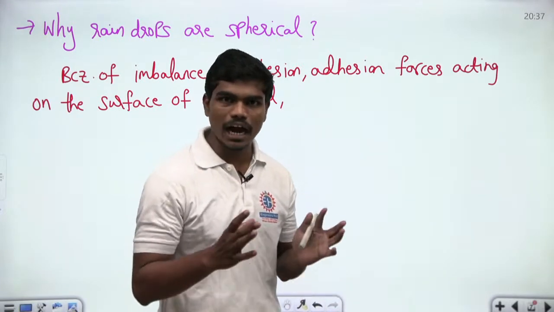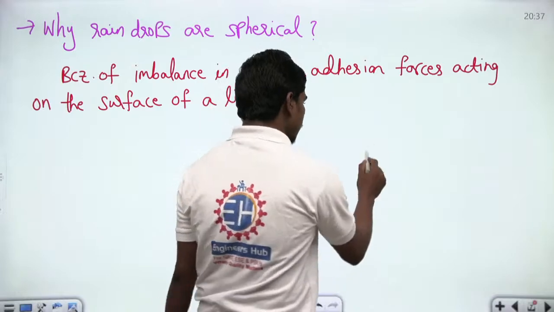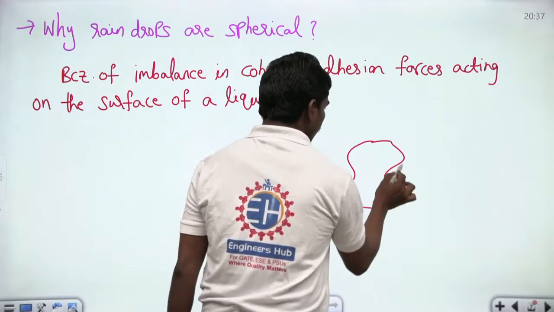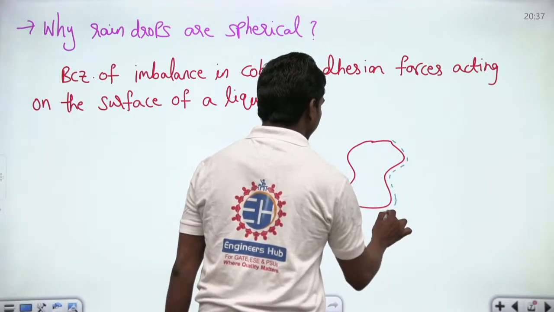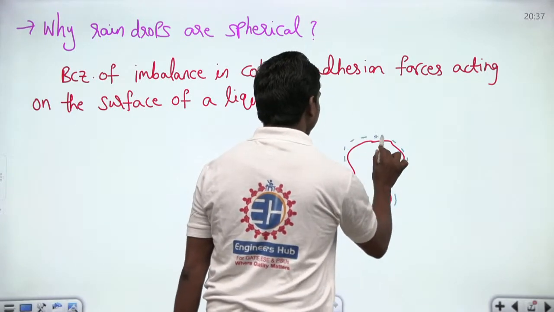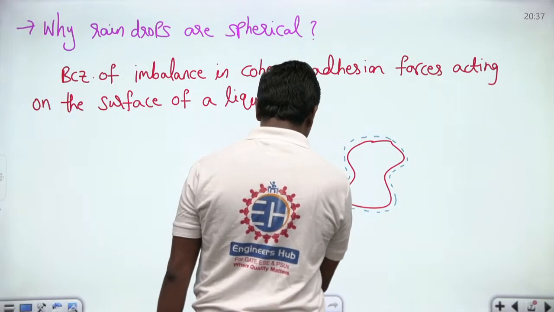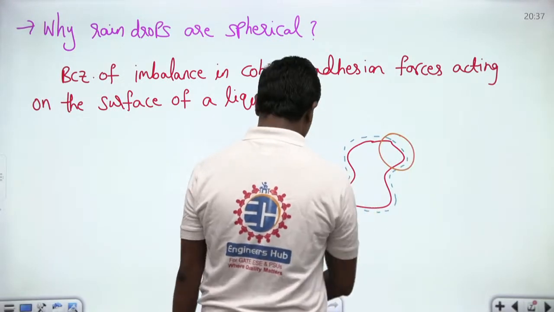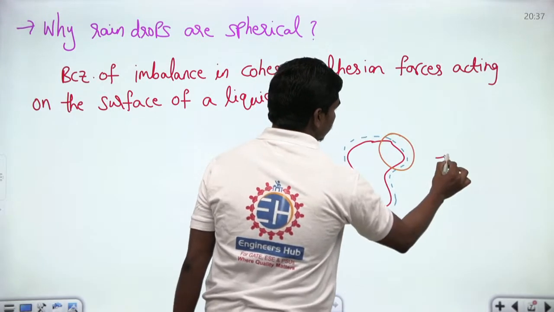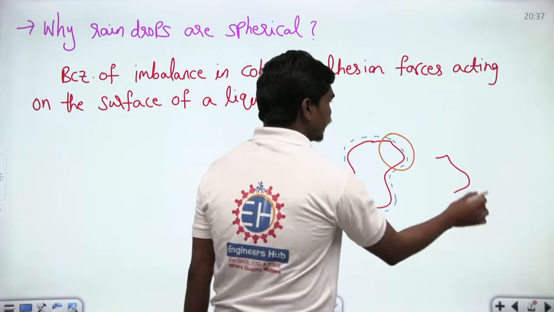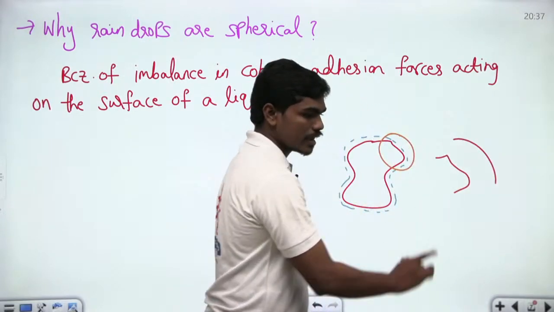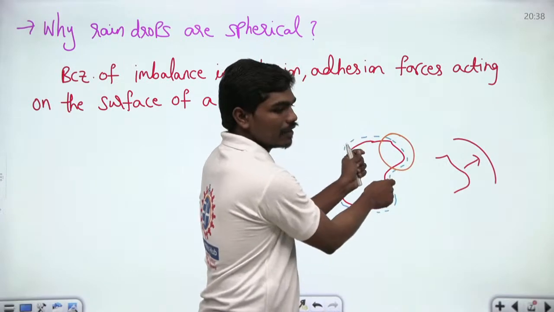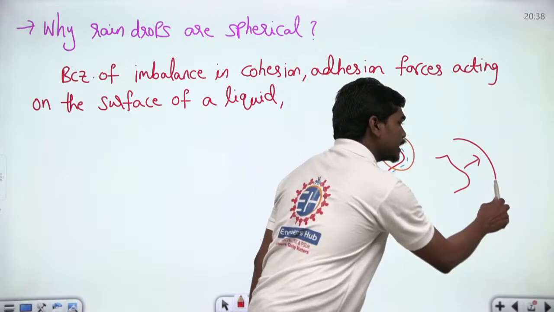Did you all get a clear idea how these drops become spherical? Initially if you have a drop like this, then because of the imbalance in the cohesive and adhesive forces at this location, it gets stretched. This stretching happens locally at every position, and there should also be continuity of the system.